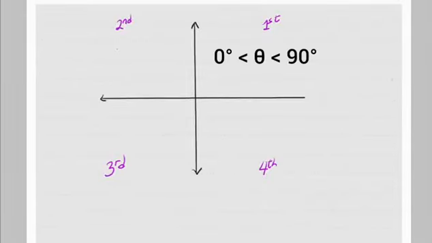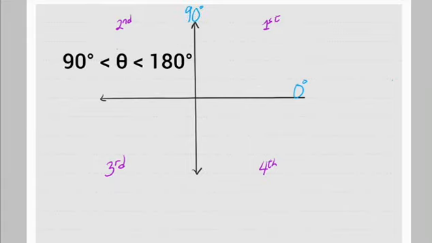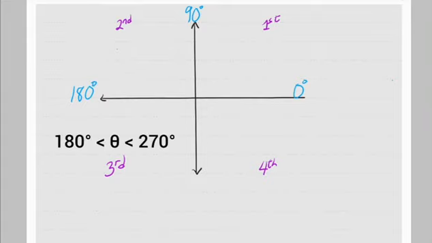For the first quadrant, the range of angles is between 0 degrees and 90 degrees. For the second quadrant, the range is between 90 degrees and 180 degrees. For the third quadrant, the range is between 180 degrees and 270 degrees.